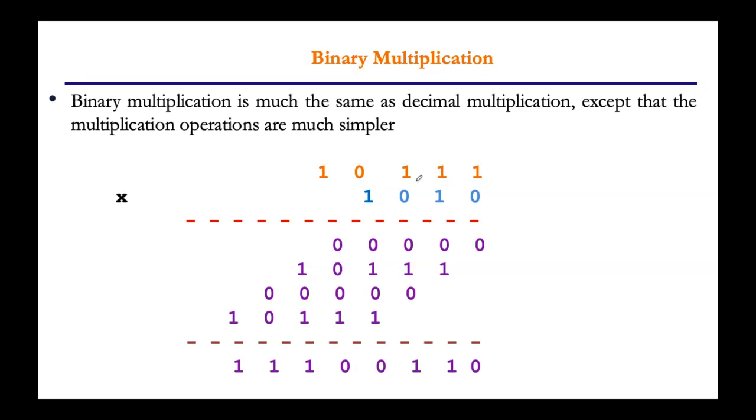Now we have just covered the number representations: binary, then octal, then decimal, then hexadecimal.